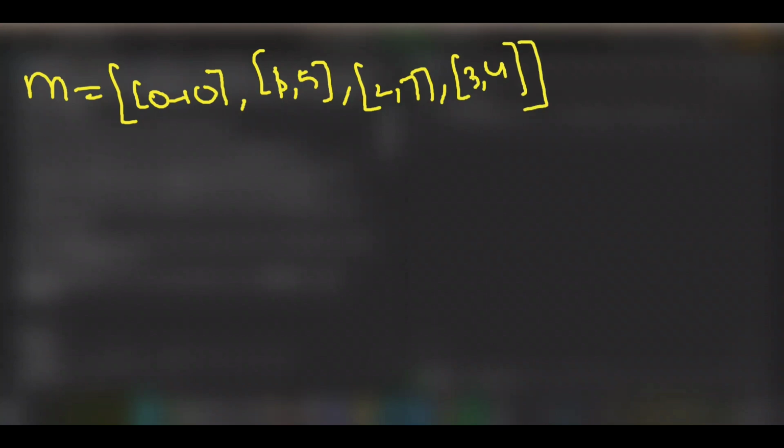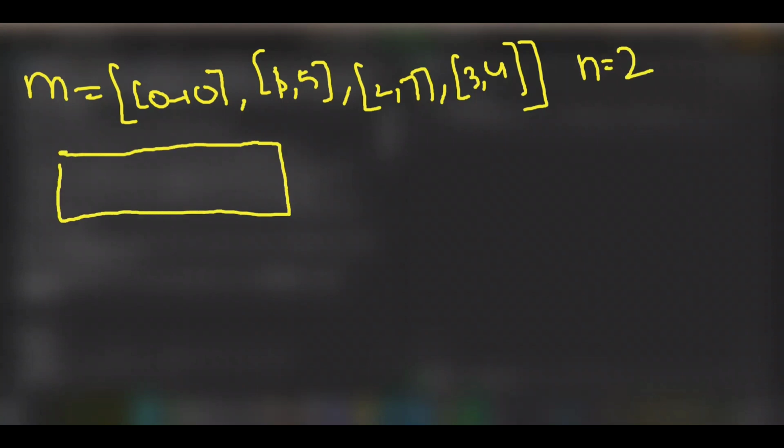Let's say we have only two rooms. Let's take n as 2, and first of all we'll take two rooms as the 0th room and the first room. First schedule the first meeting in the 0th room, 0 to 10, and the next meeting in the first room, that is 1 to 5. Now we'll come to the next meeting.